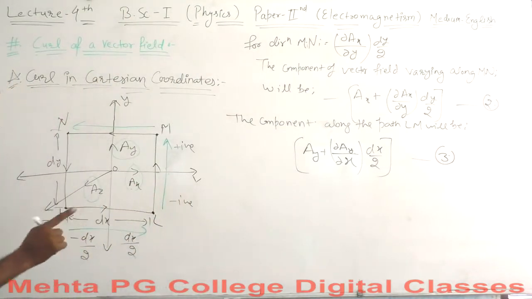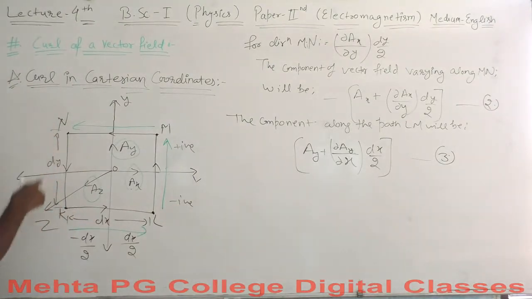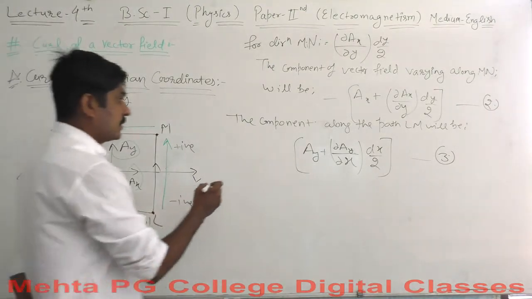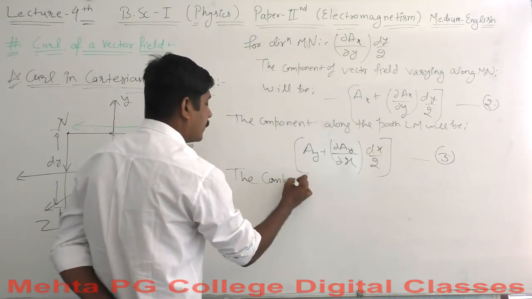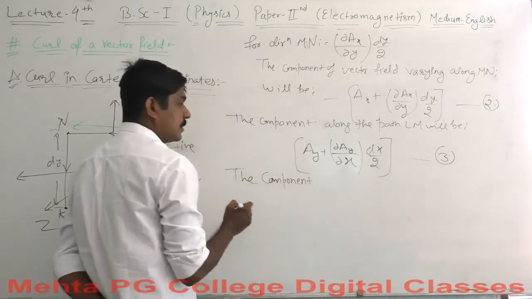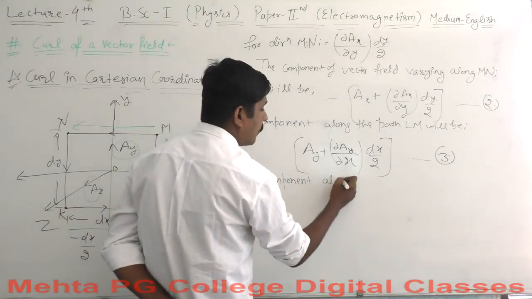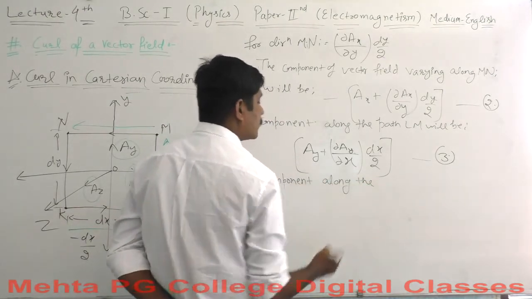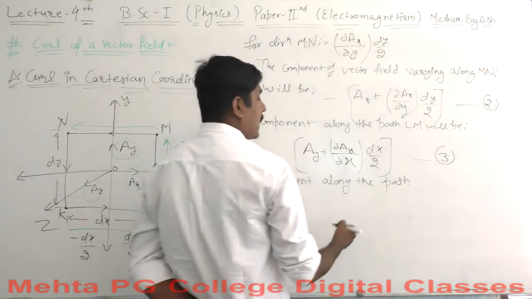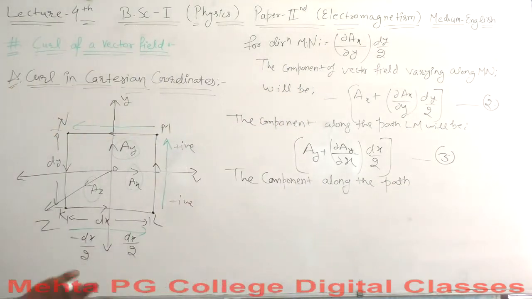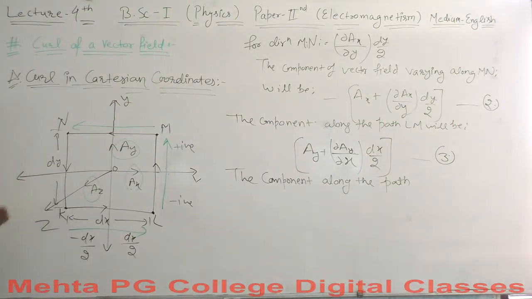So now it is our turn to find out the component along path NK. So the component along the path, what does the path remain here? The path remains NK.